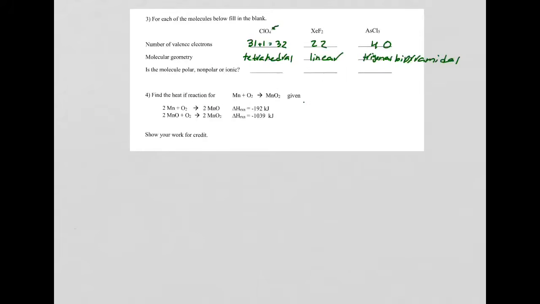Okay, now I just want to do one of them to make sure you understand it. Now for polarity, every time there is a charge, it will just automatically be ionic. So every time you see a charge, just put ionic. Now XeF2 is non-polar and AsCl5 is also non-polar.